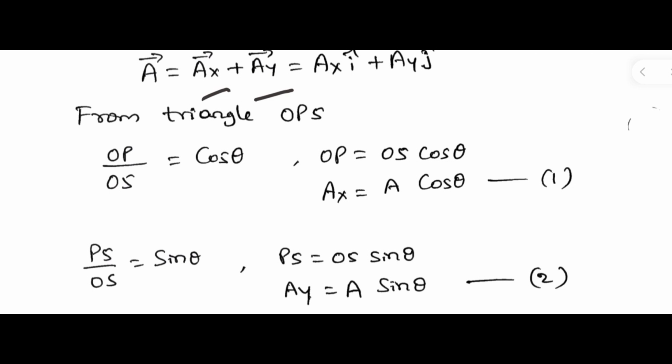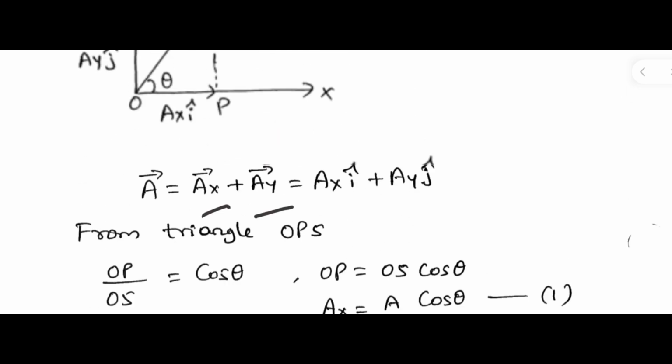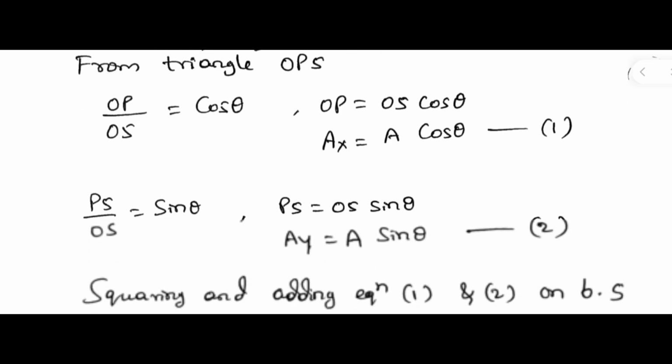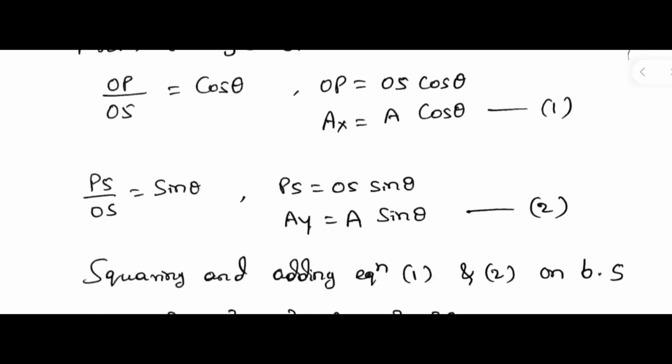First, cos theta equals OP by OS, so OP equals OS cos theta. OP is the x component, the whole magnitude Ax. So Ax equals OS, which is vector A, times cos theta.